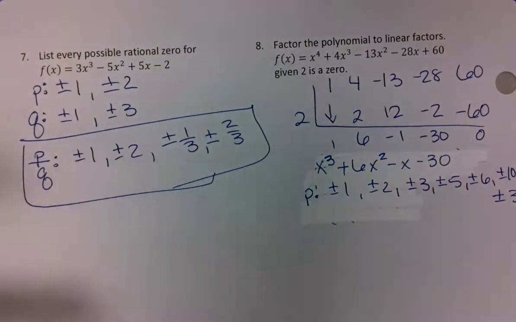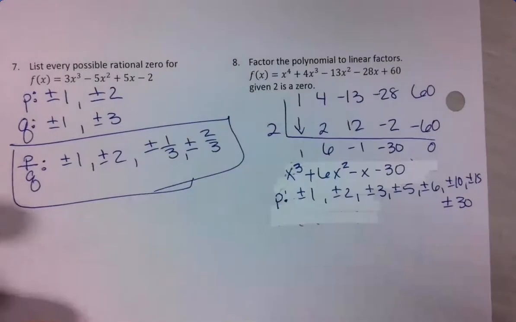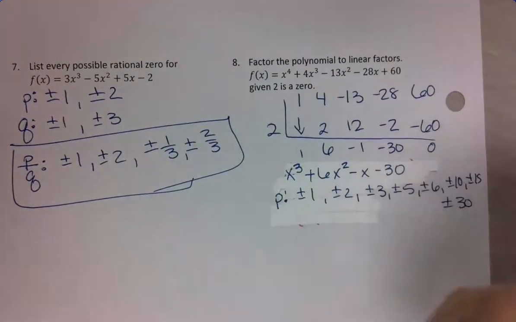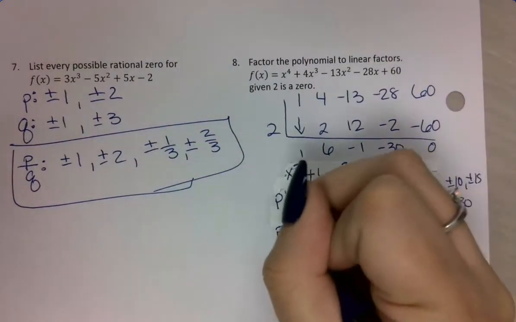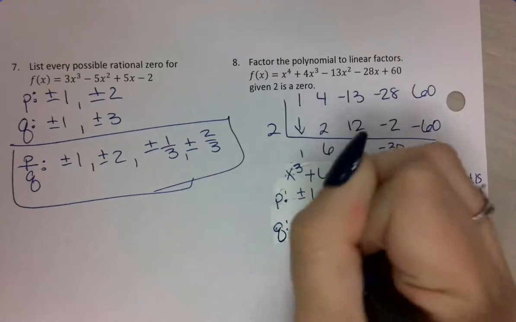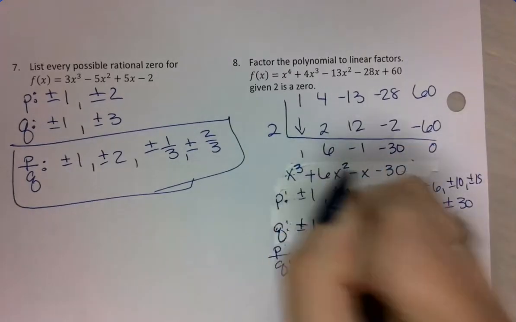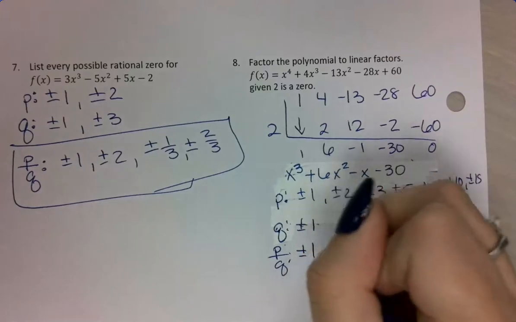Then I want to find my factors of q, which are just 1. So my values for p divided by q are the same ones I just wrote up for p.